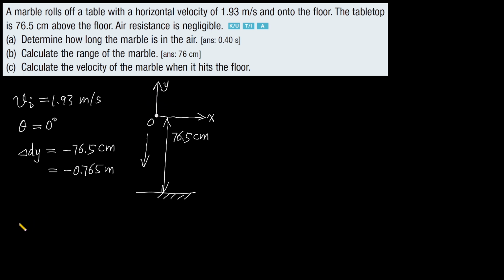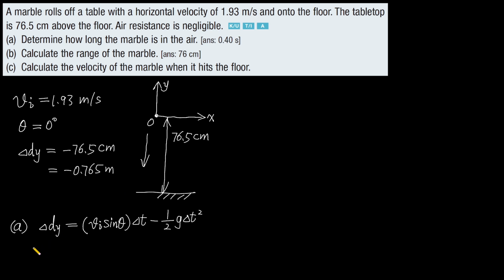Then for question A, we have this formula. The vertical displacement delta y equals the initial velocity multiplied by sine theta multiplied by delta t, the time interval, minus 1/2 multiplied by acceleration g multiplied by delta t squared. Now we put the values in this formula.